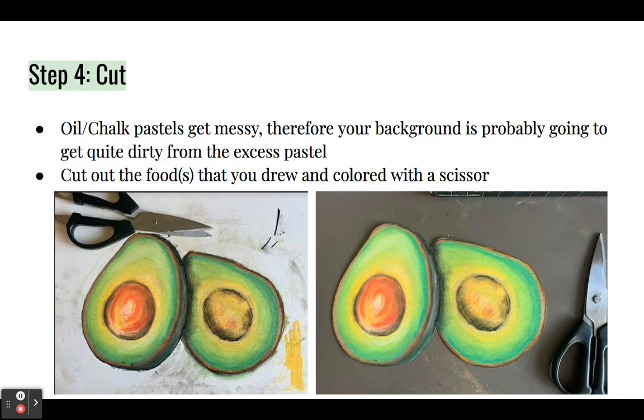Oil pastels and chalk pastels get really messy, and I totally understand that. Therefore, the background is probably going to get quite dirty from the excess pastel and chalk that's being whipped up. So you're going to cut out the food that you drew and colored with a scissor.